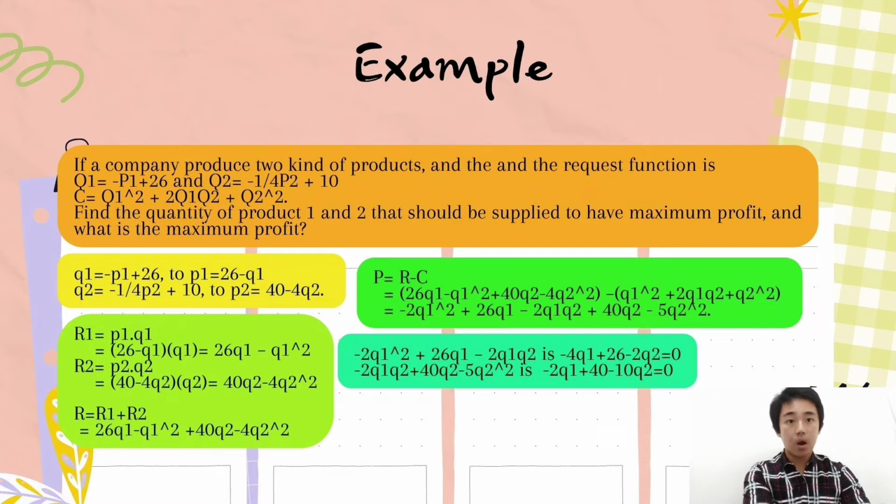Now we're going to look for the profit, and how we do it is total revenue minus total cost. Since we already found the total revenue and the total cost is in the question, we could just put it in.